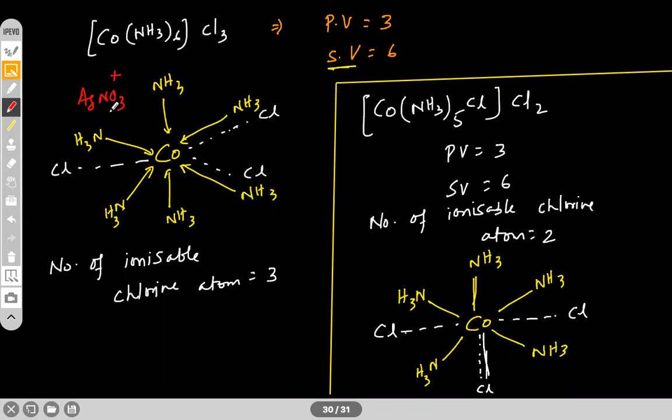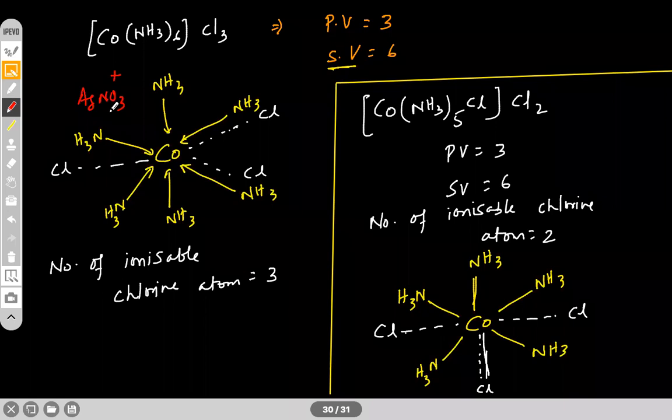The magnetic and optical properties of the complex. Okay. The main drawback is this only.